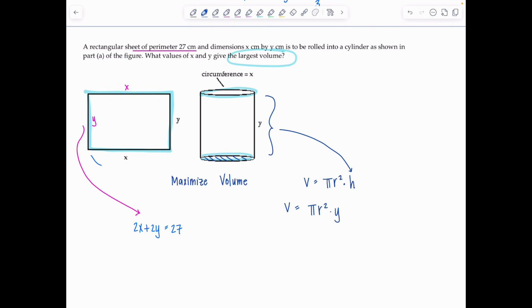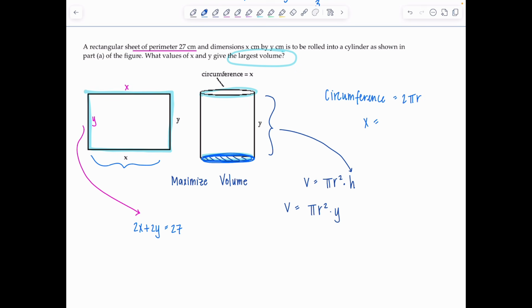Notice this length x becomes the circumference of the base. I say circumference because it's a circle. And that's how I'm going to relate the radius to x. We know the circumference of a circle is equal to what? 2 pi r. And in this case, I know 2 pi r has to be equal to x because that's the paper that I rolled up to make the cylinder.